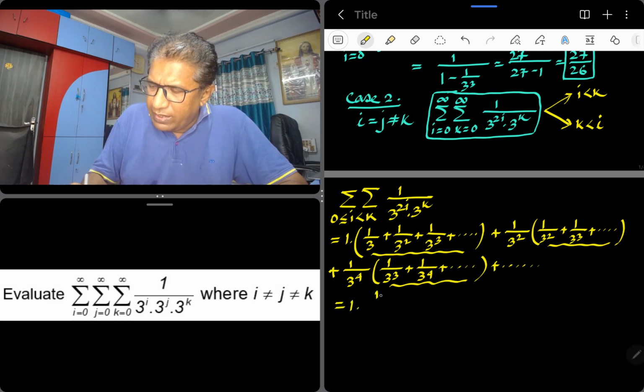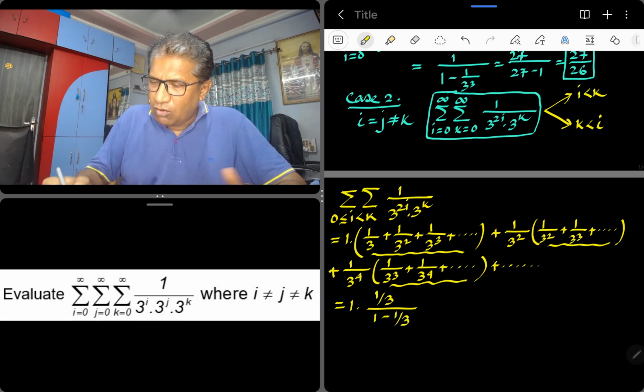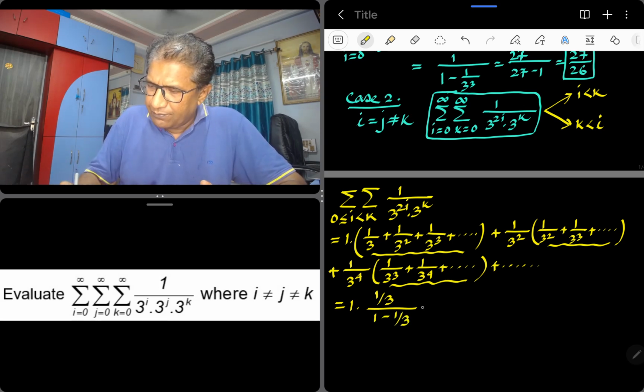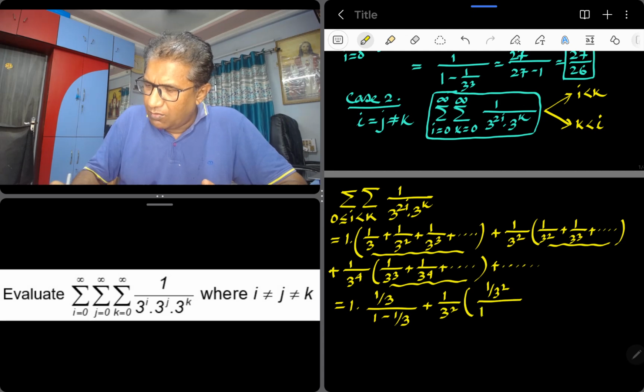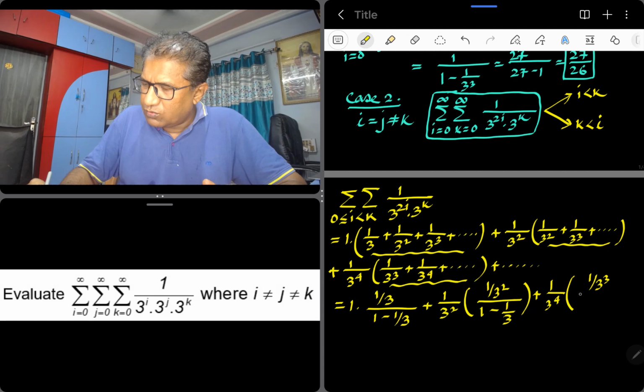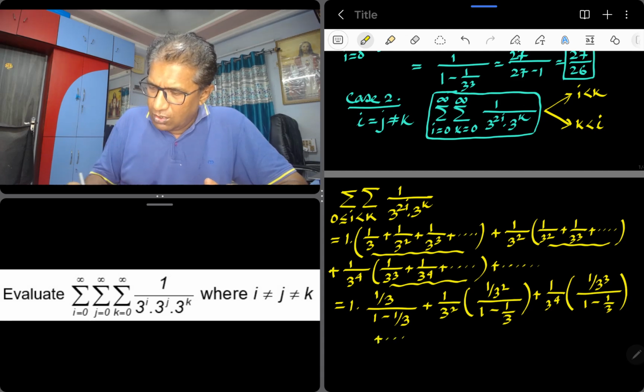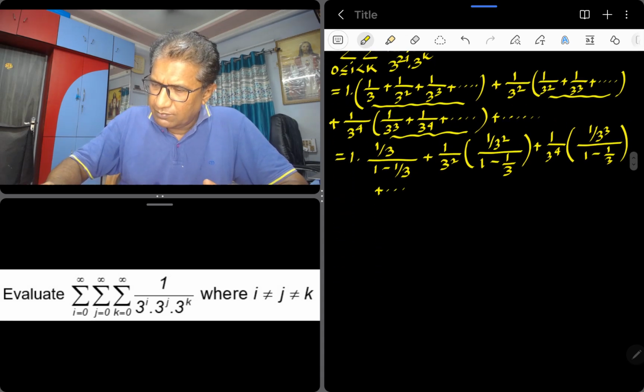It will be a by 1 minus r, because the common ratio is 1/3 here, plus 1 by 3 square divided by 1 minus 1 over 3, 1 by 3 cube divided by 1 by 3, and this thing goes on.